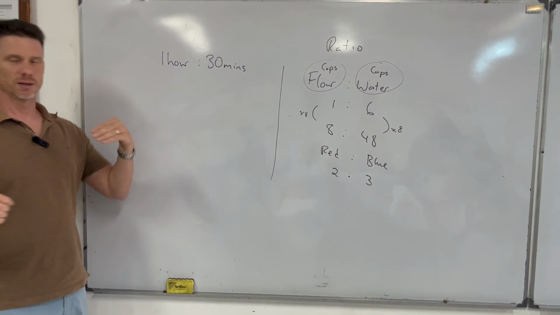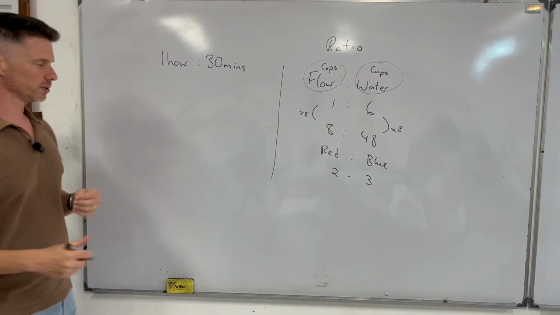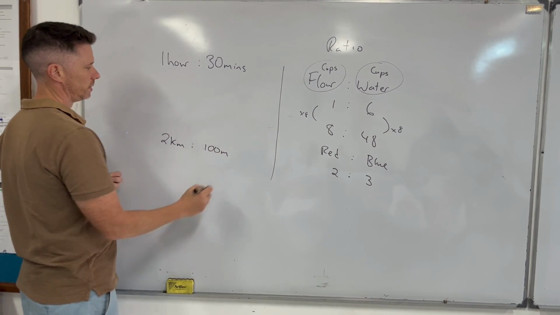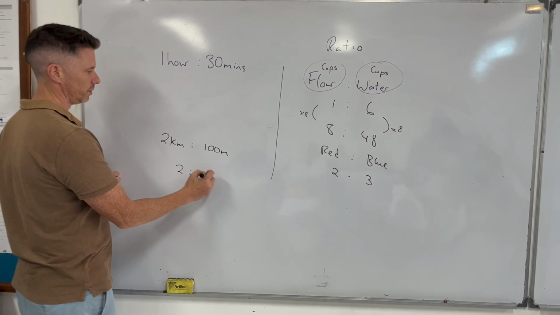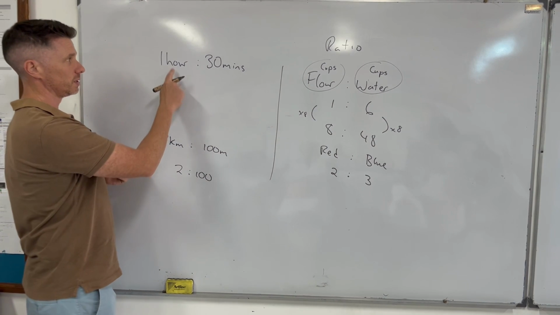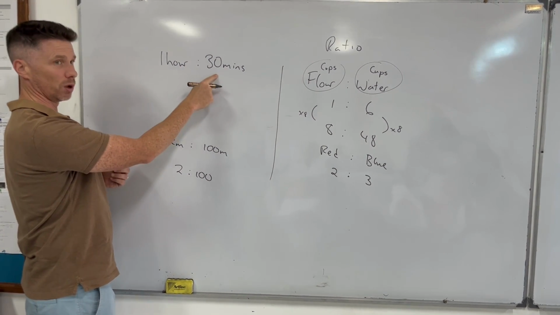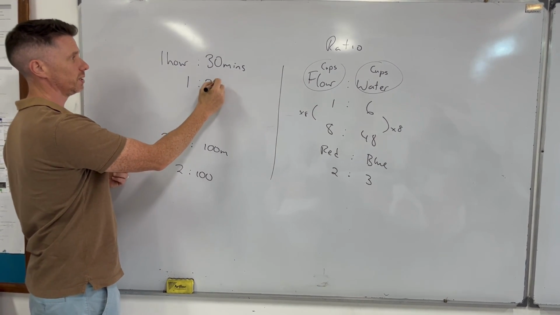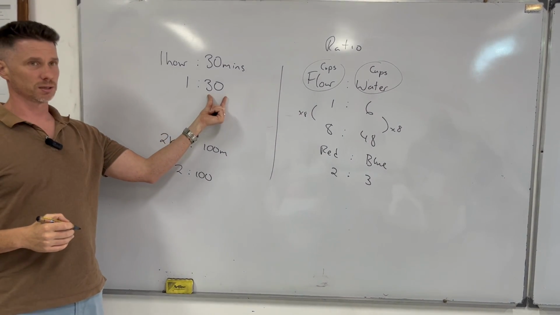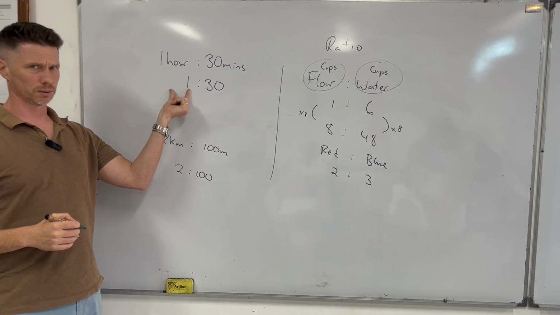If I say 2 kilometers compared to 100 meters, well, that's not 2 to 100. That would suggest that this one is 50 times more than this one. If I wrote 1 to 30, that would be a mistake. That would suggest there's 30 minutes for every hour.